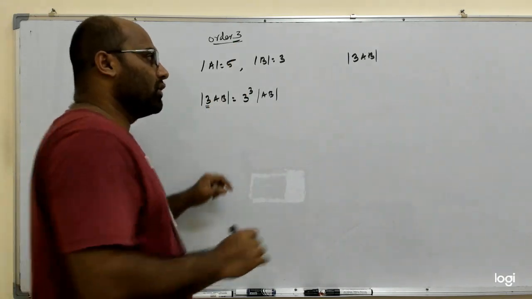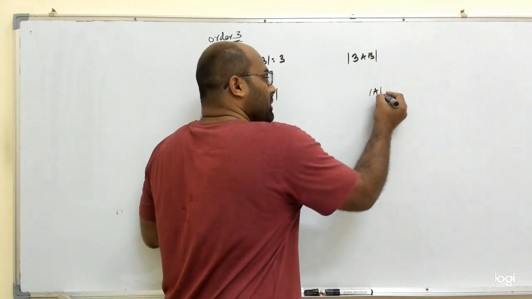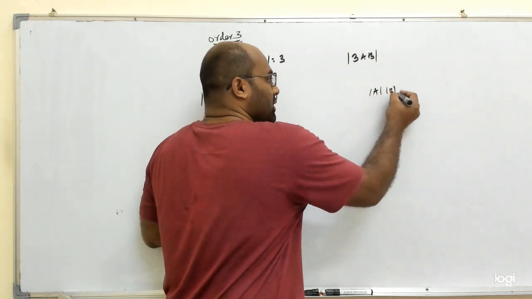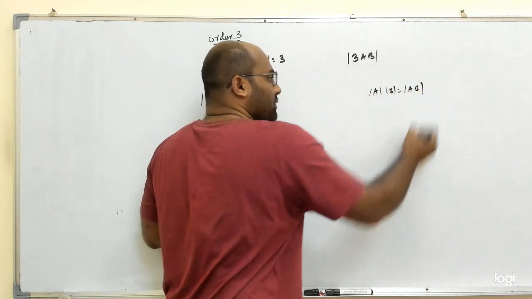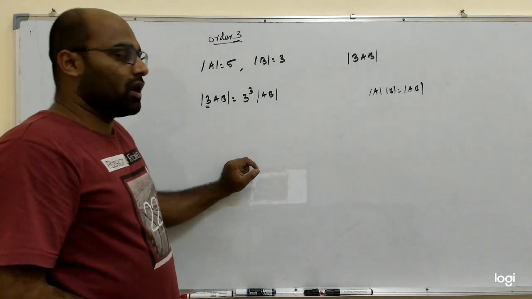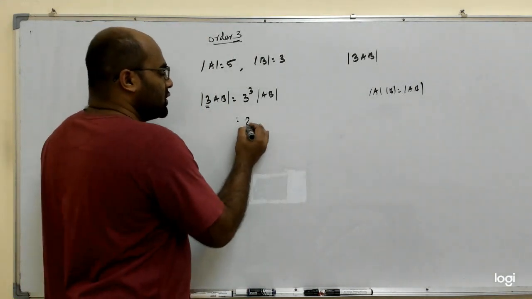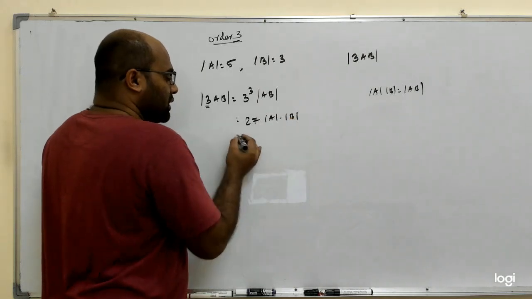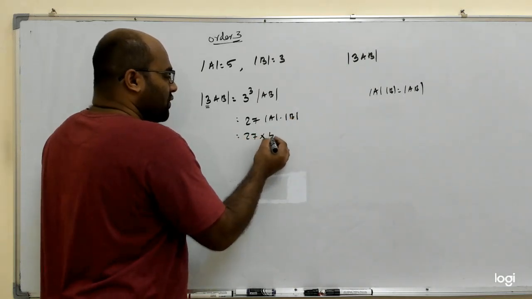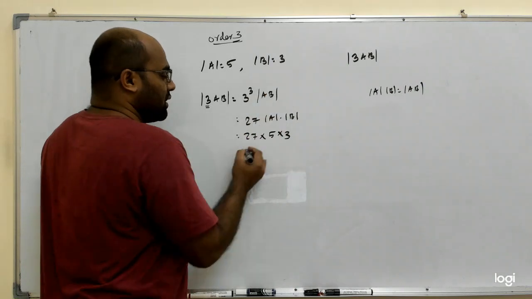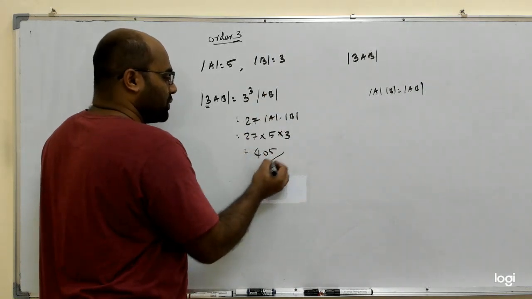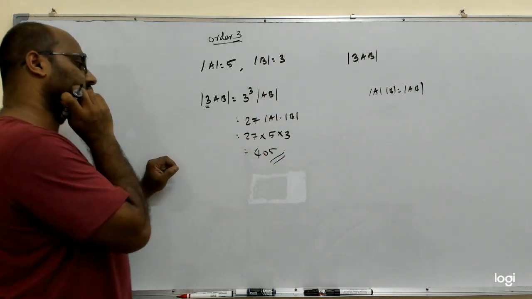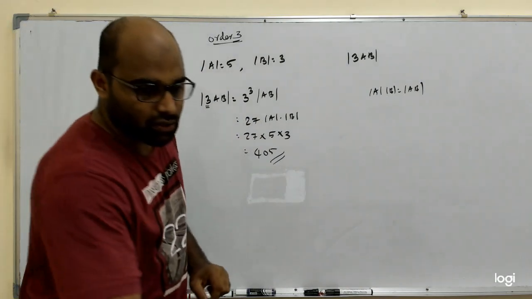And for the determinant of AB, we have a property: determinant of A into determinant of B is the same as determinant of AB. So this can be written as 27 into determinant A into determinant B, that is 27 into 5 into 3, which I think is 405. Please make sure the calculation is correct. Don't forget it.